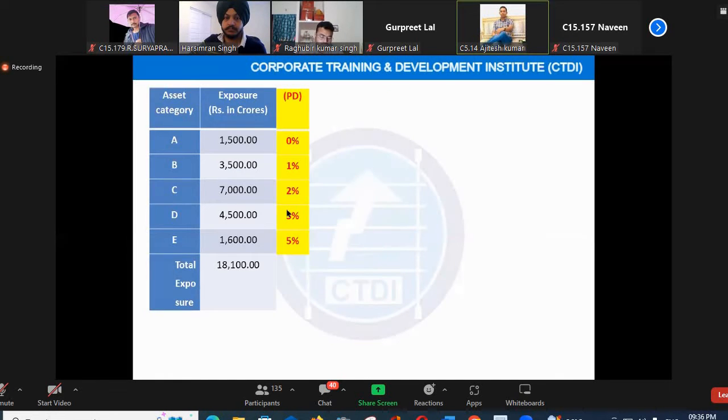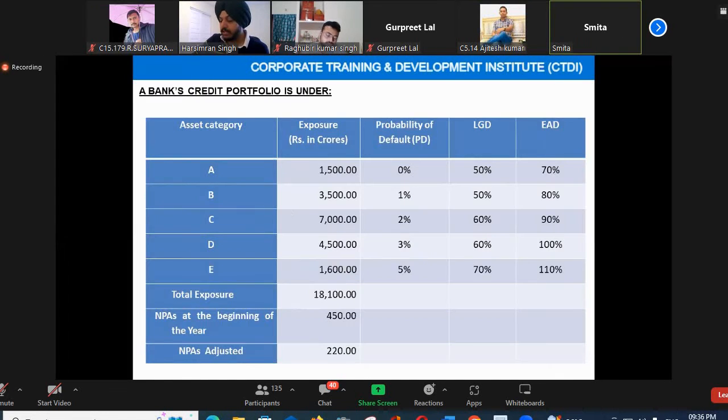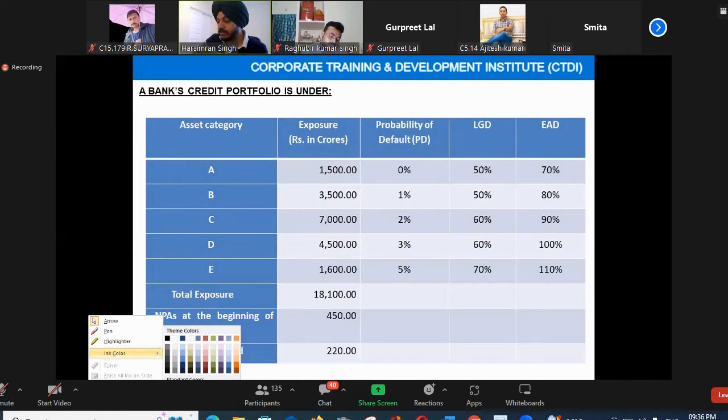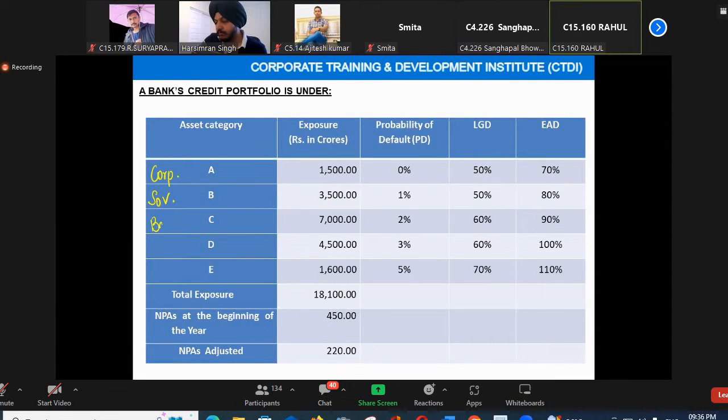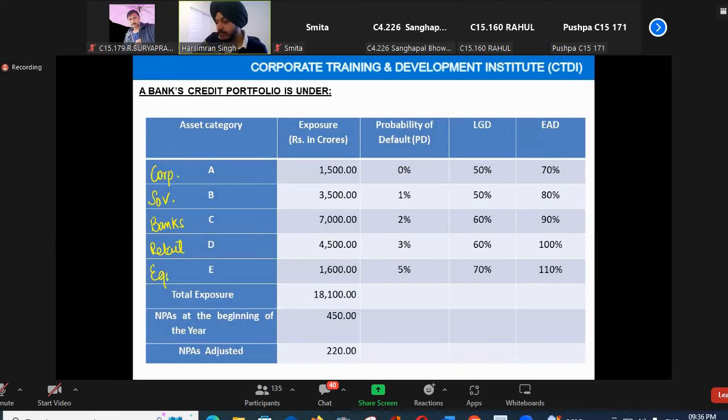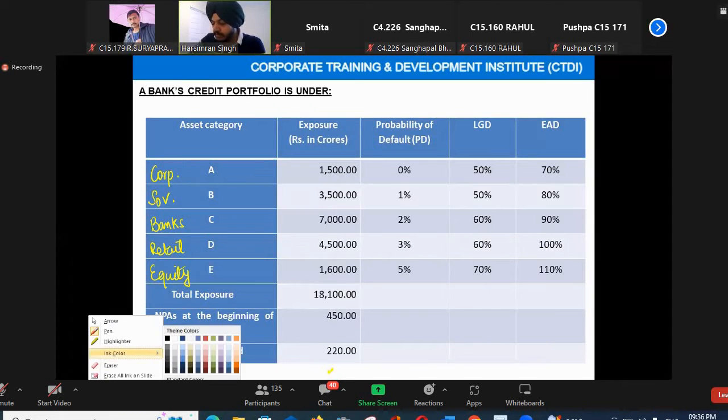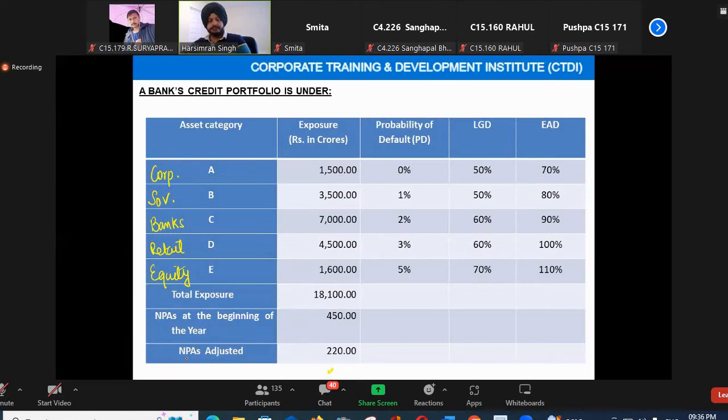First is corporate, second is sovereigns, third is banks, retail, equity. So the banking business is divided into these 5 parts.